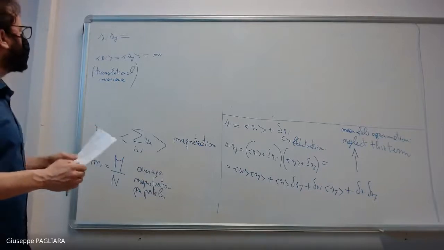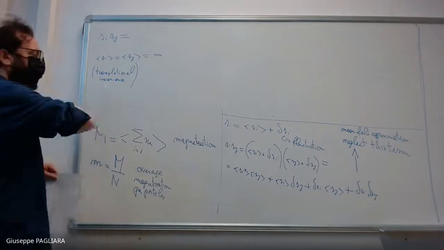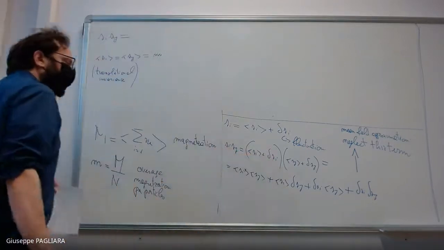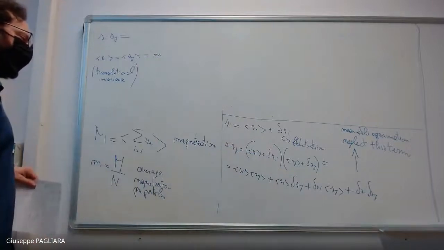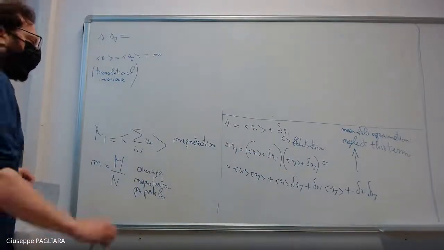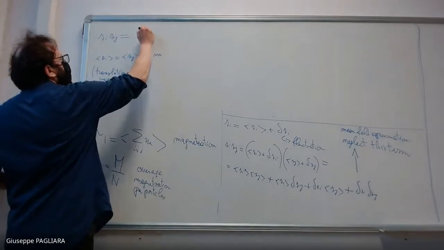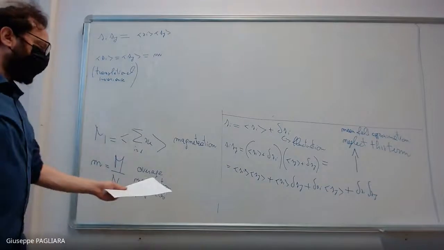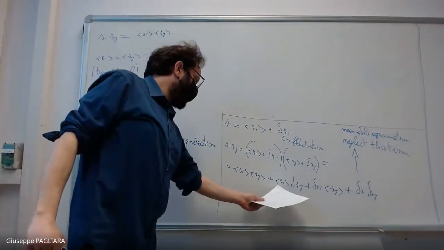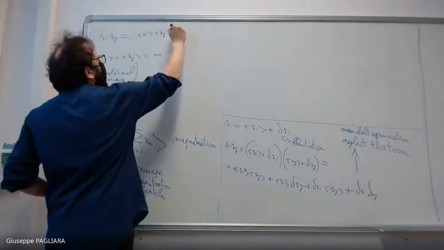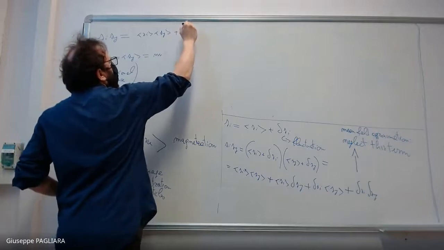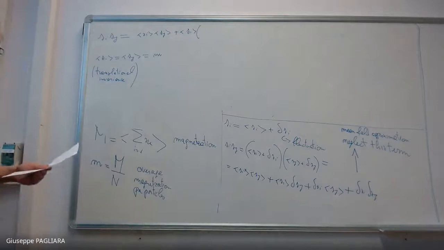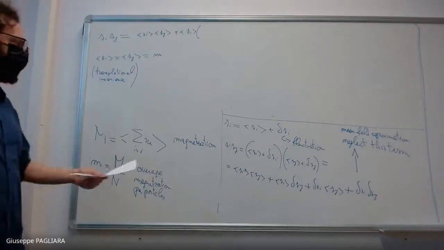First, let me do the calculation. We'll write this later. So I have this Si plus delta Si. This was Si and Sj was this one. Then I have plus the average of Si times delta Sj. What is delta Sj?